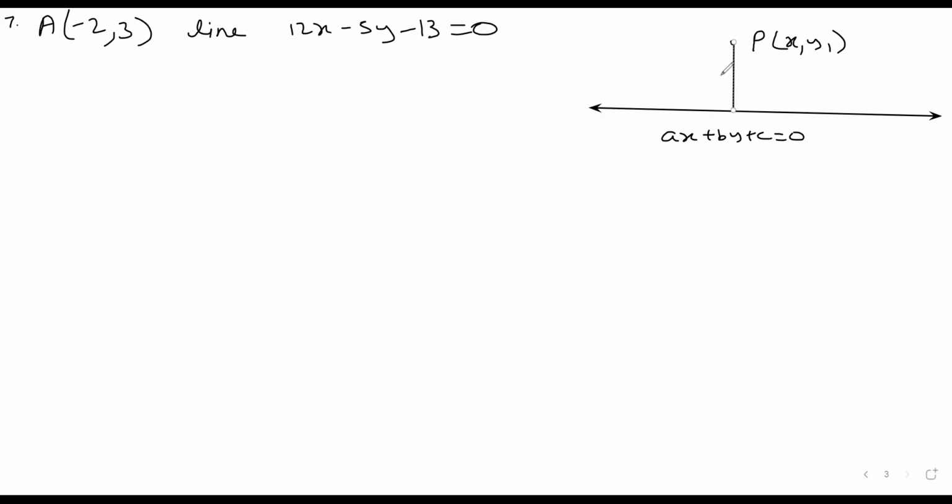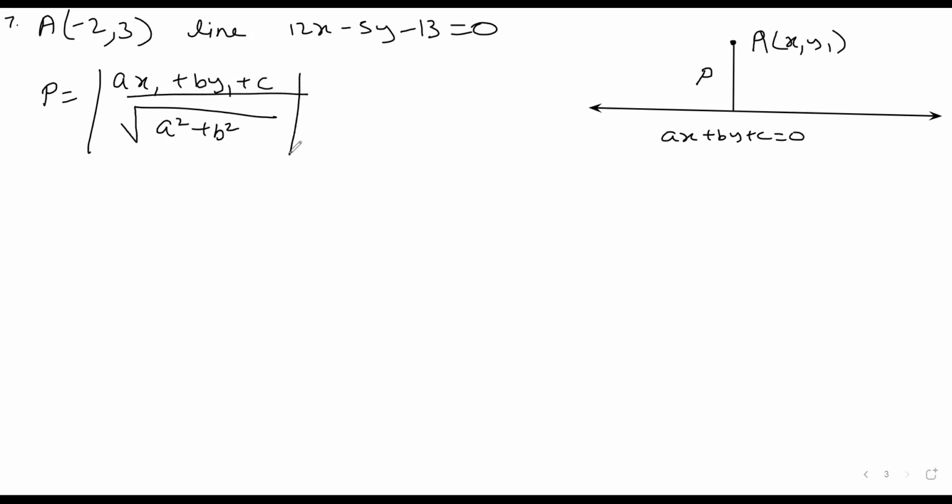And how do we find this distance? This distance of point P is given as modulus of ax1 plus by1 plus c, whole thing upon under root a square plus b square. This is the formula for the distance of a point from the line.